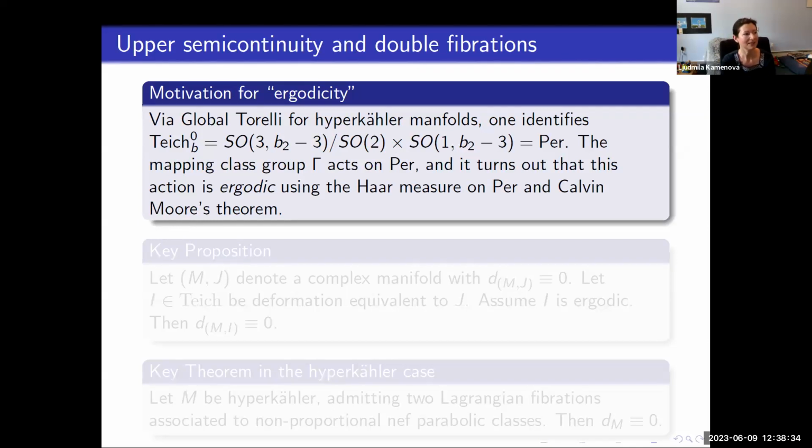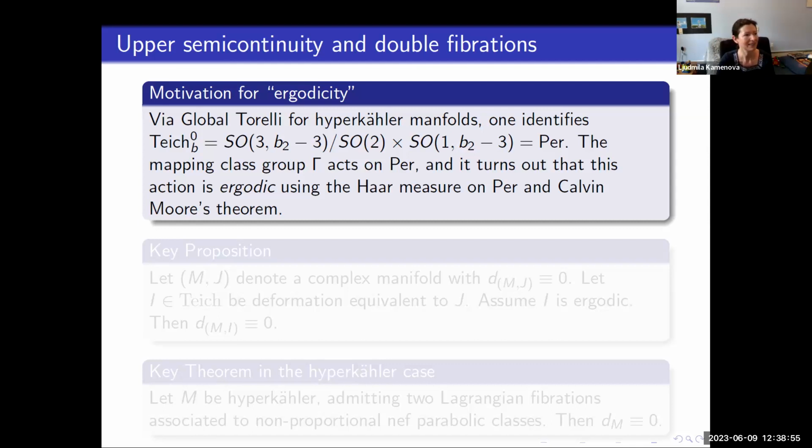And there is an induced action of the mapping class group which acts on this period domain. And it turns out that this action is ergodic, ergodic in terms of the Haar measure on the period domain.